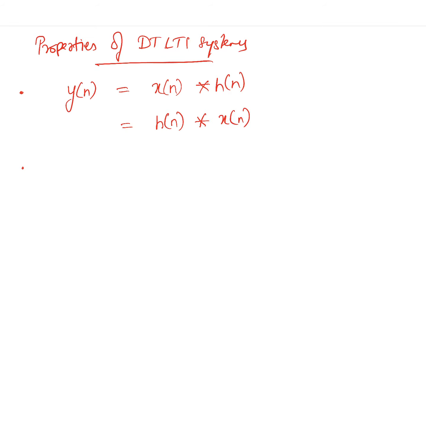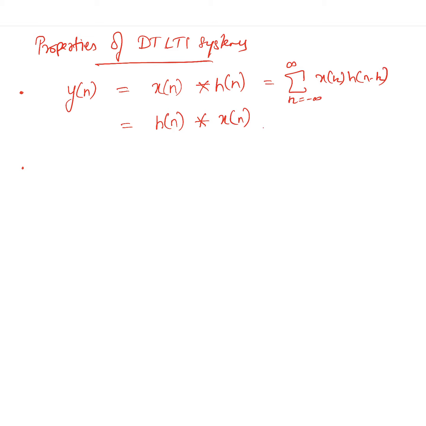If we just look at one point here, the first part was equal to, if I put it as a summation, k from minus infinity to infinity x of k h of n minus k, for all values of n.